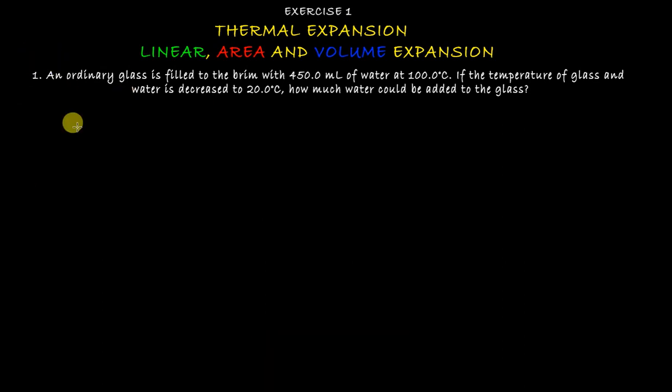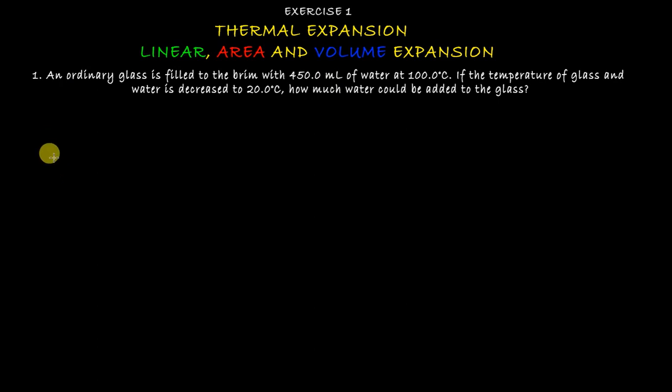What we need to understand here is that they are saying the ordinary glass is filled to the brim with 450 ml of water at 100 degrees Celsius. If the temperature of glass and water is decreased to 20, how much water could be added?